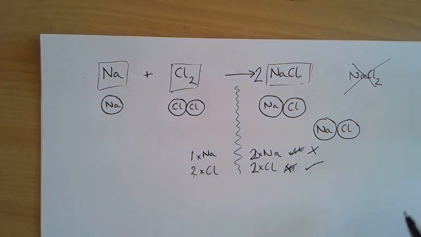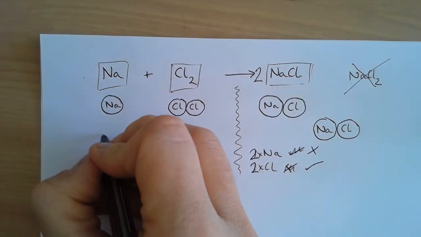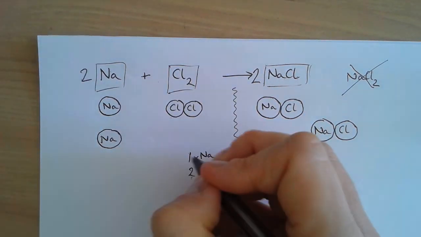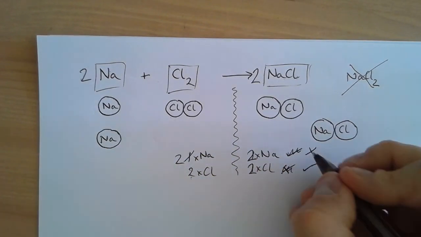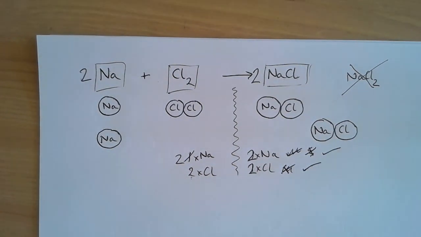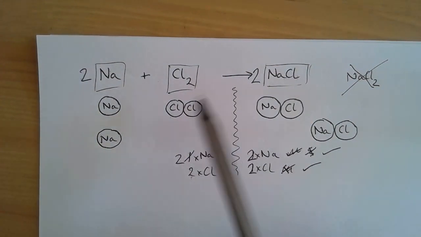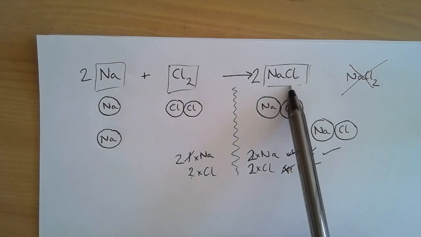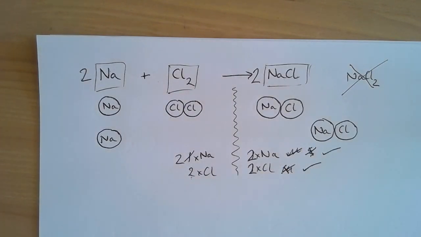So now I need to go back to the other side and add another Na and put a 2 in front of this, which means that is now 2. And I have indeed balanced the sodiums. So this was an example of when I started to balance one thing, so I started to balance the chlorines, it unbalanced the sodiums. And that's what often happens with balancing equations. We do one thing, but then it means we have to go back and change something else.